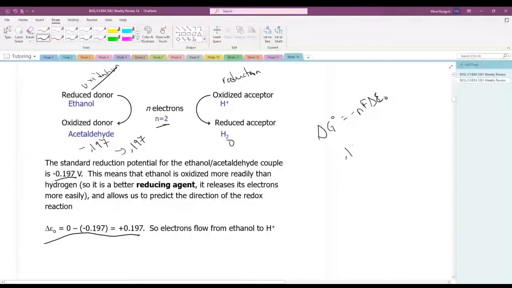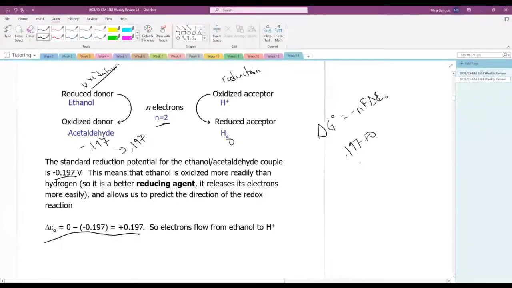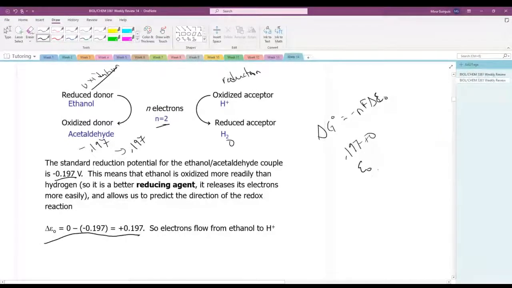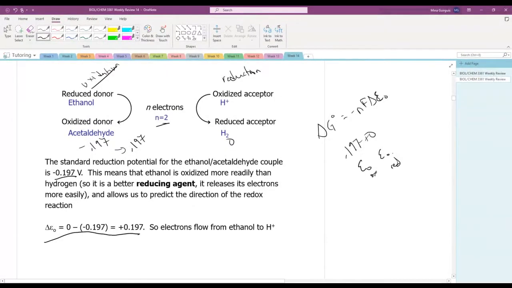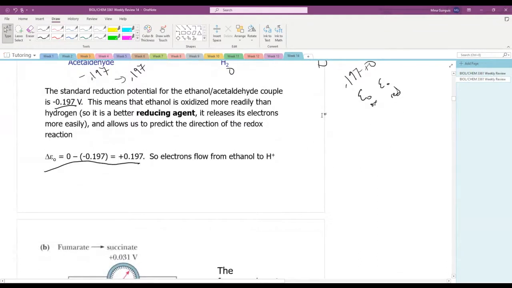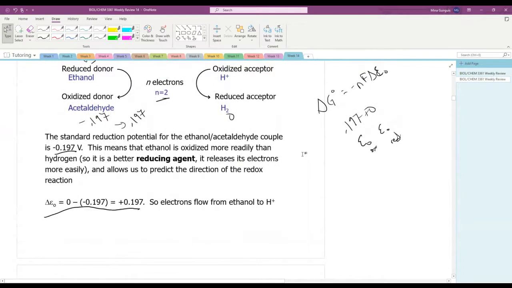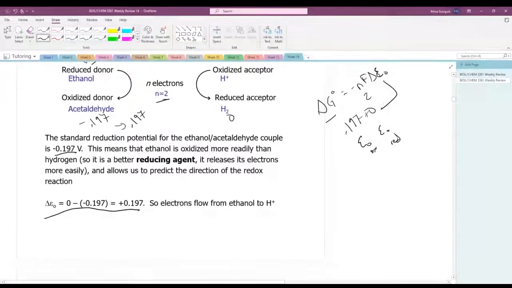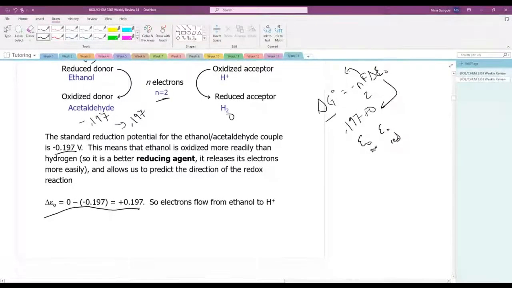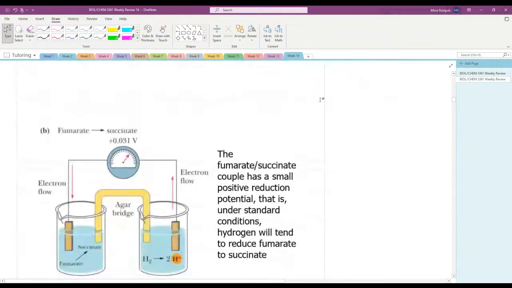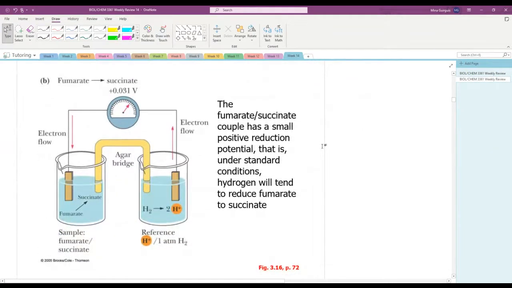Therefore, it's going to be 0.197 plus 0, because this is the epsilon naught of the oxidation, this is the epsilon naught of the reduction. Either way, we get to 0.197 as the total. And then if we wanted to, we could calculate delta G naught, because we have n equals 2, we have epsilon naught. The only thing missing is Faraday's constant, which is about 95,000 to 96,000.